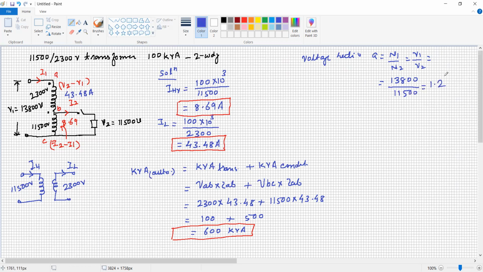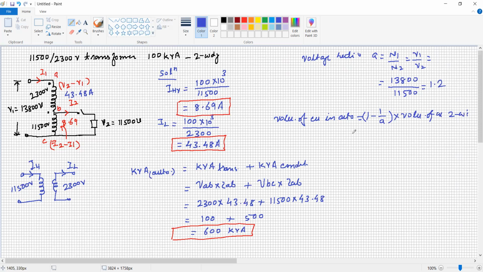Okay. So therefore, volume of copper in auto transformer is equal to 1 minus 1 upon A, into volume of copper in two winding transformer.